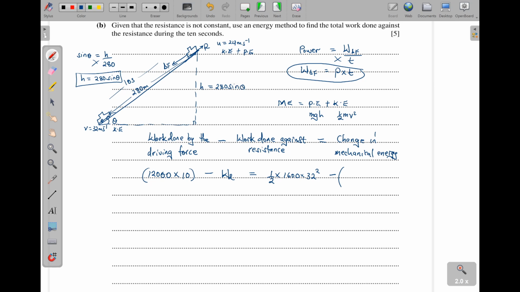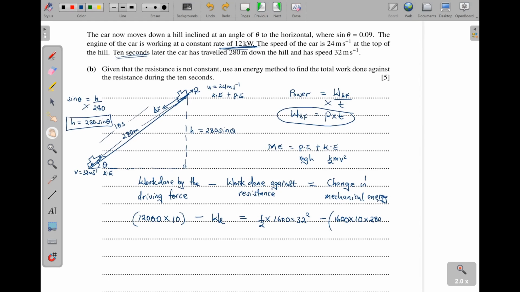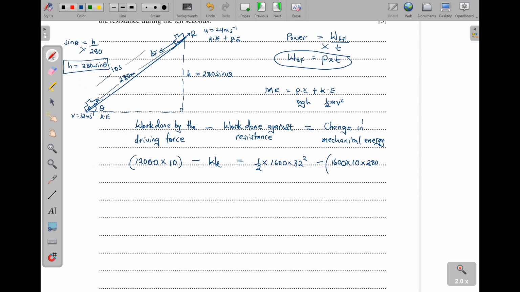When substituting here to find the potential energy, I'll have the mass, which is 1600, times g, which is 10, times h, which is 280 sine of theta. But sine of theta, I can actually put its value. It was given here as 0.09, so times 0.09.